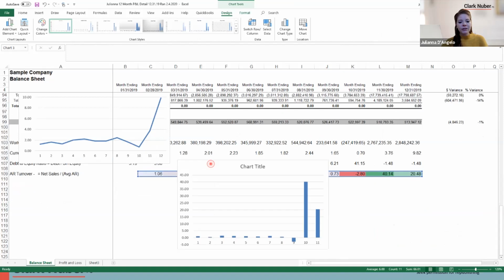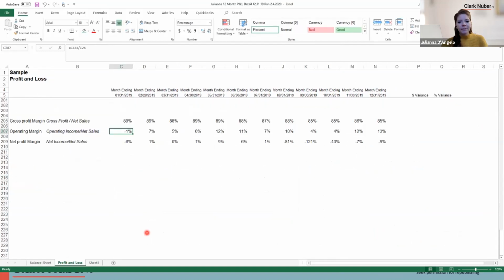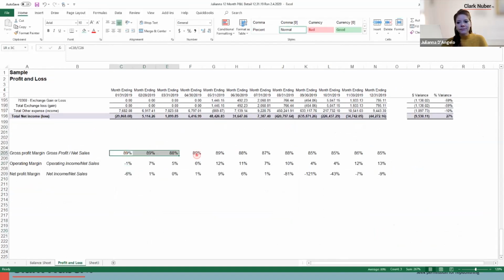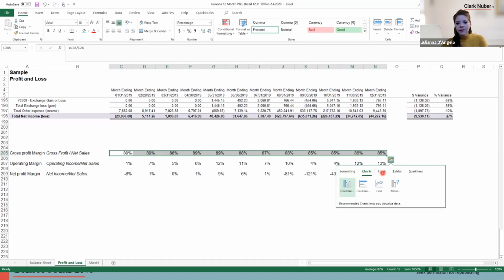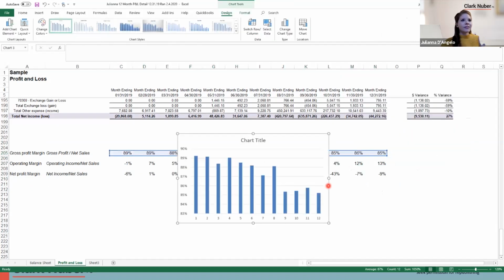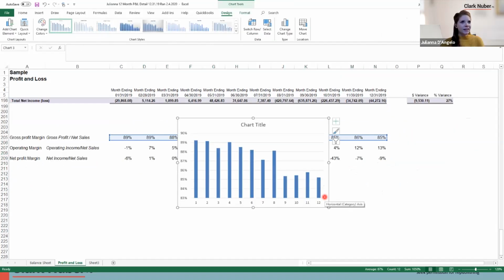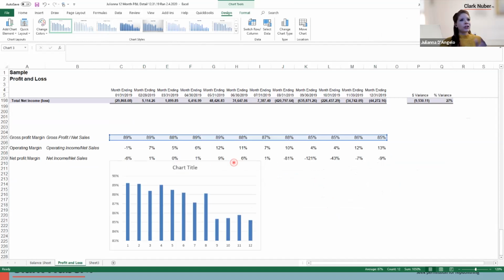And if we go to our profit and loss, look at that. It adds a lot when you can visibly see and quickly see what your chart is looking like.